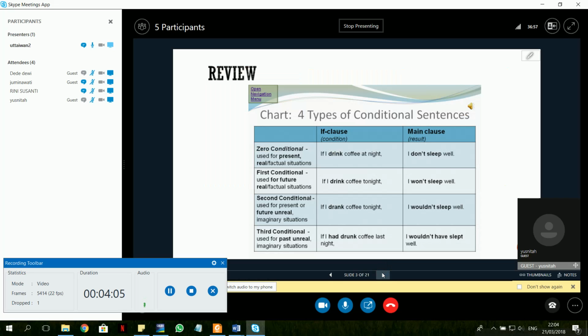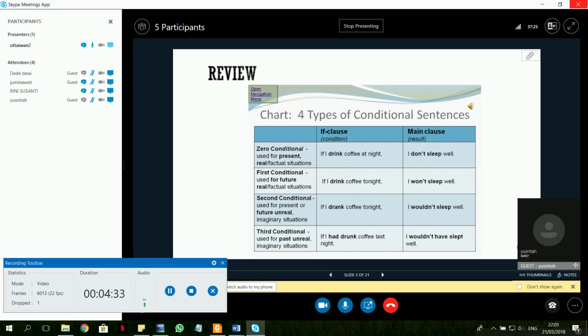But next, before we go further to our discussion tonight, I would like to review a little bit about last week's classes. Did you still remember that last week we talked about chapter 7, and the very last part there was conditional sentences?